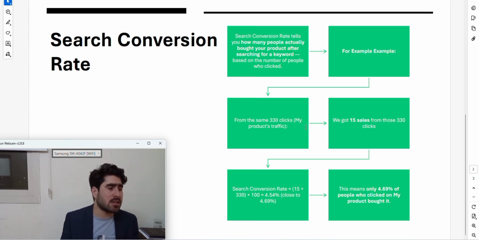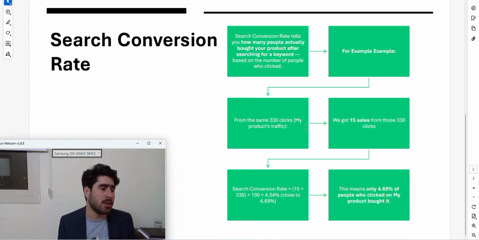So search conversion equals 15 divided by 330 times 100. So 4.5%. This means only 4.5% of people who clicked on my product bought it.